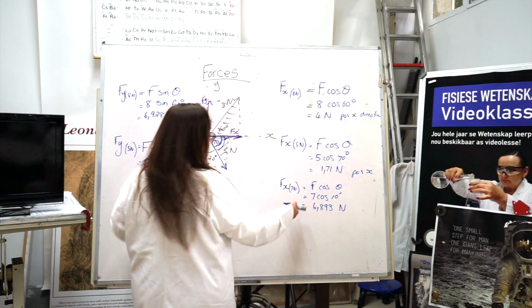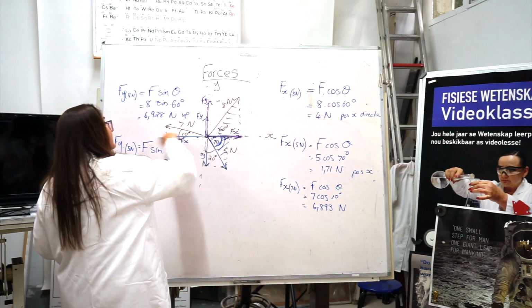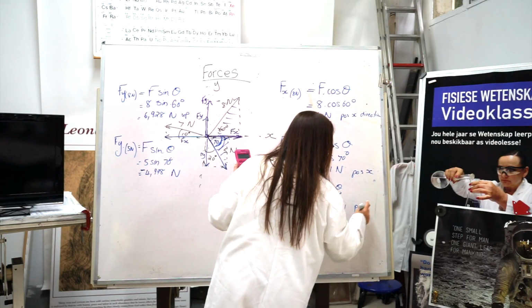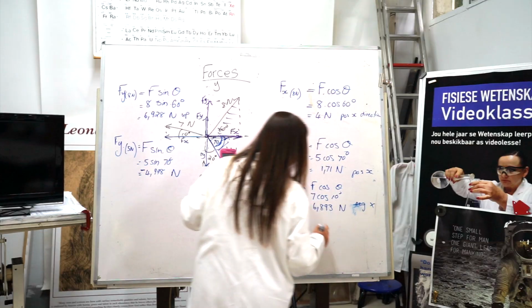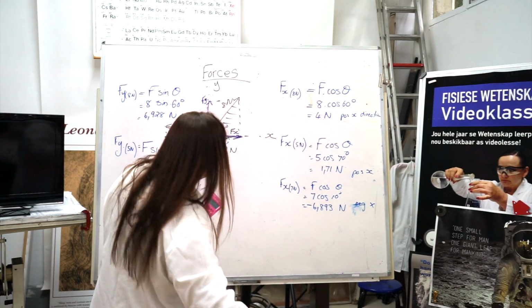And in this case, my x component is in the negative direction. So it's not a positive x, it's a negative x, in the negative x direction. And that's why I'm going to put a minus here to show that.